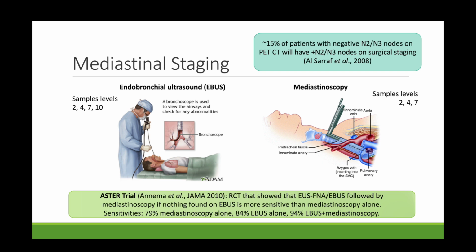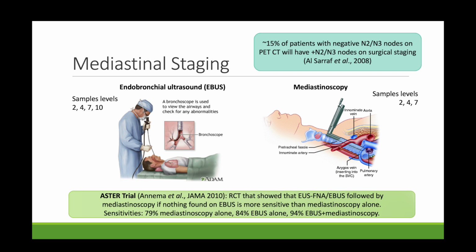Mediastinoscopy is another method. The endobronchial ultrasound can be performed under what we call conscious sedation, so light sedation, similar to what patients would get for a colonoscopy. The mediastinoscopy actually requires general anesthesia, and a small incision is made over the mediastinum, and a scope is actually introduced through the skin into the mediastinum in order to sample lymph nodes.